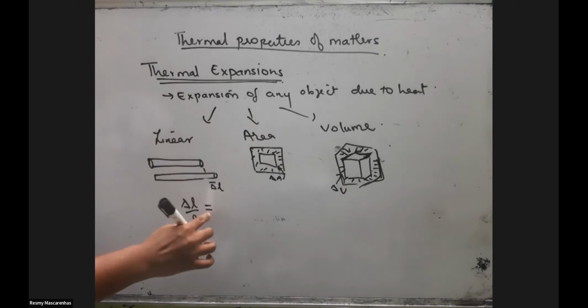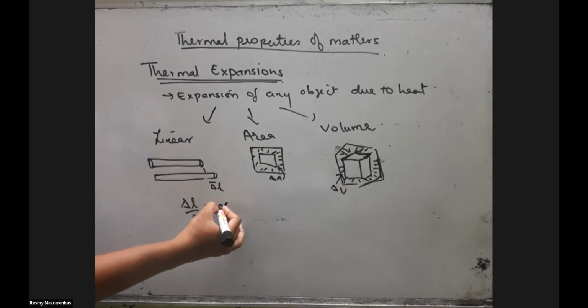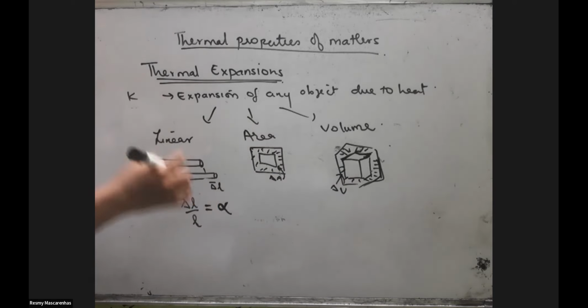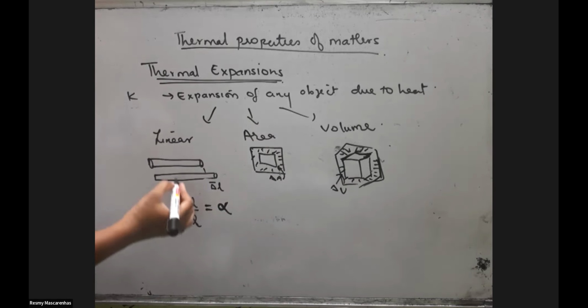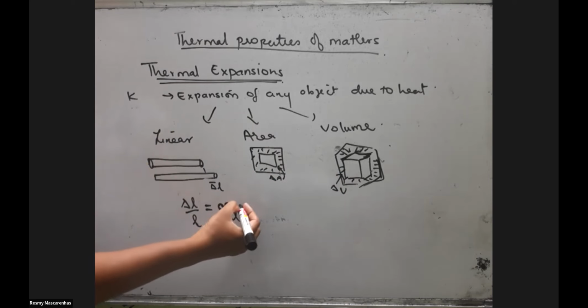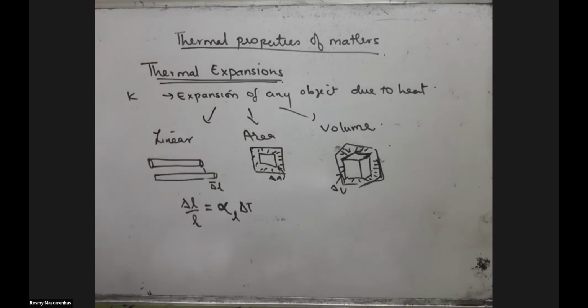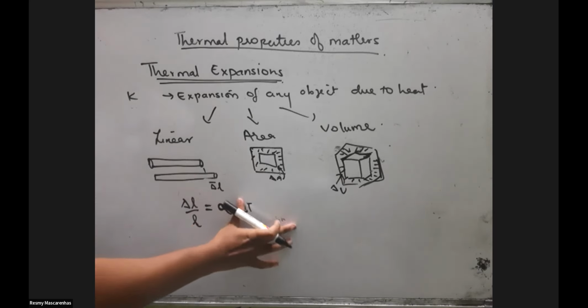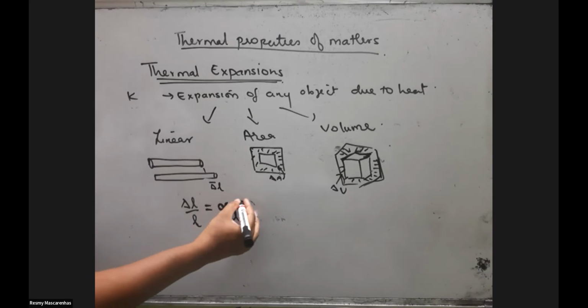So whenever we remove the proportionality sign, we put a constant instead of K; we used alpha here. So alpha, linear means we used L. This was delta T, change in the temperature.